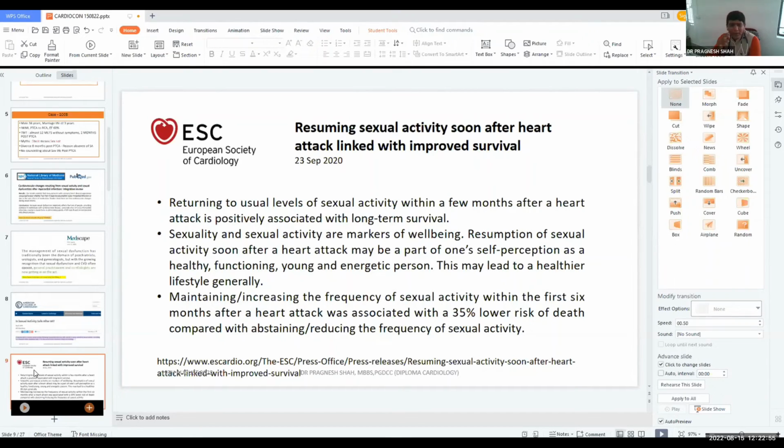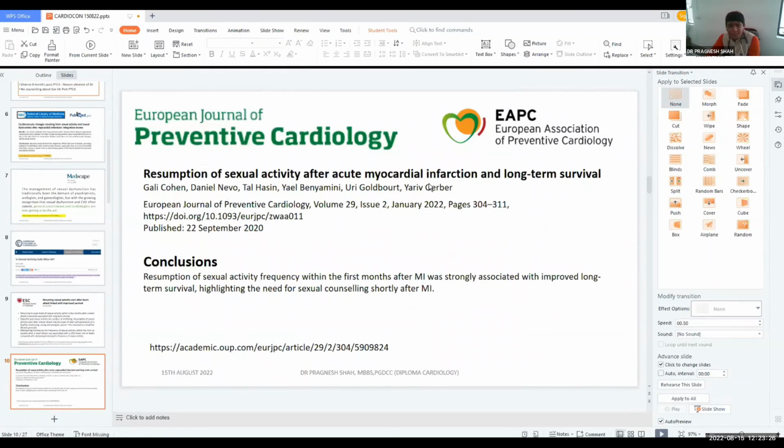Resumption of sexual activities soon after the heart attack may be part of a self-perception as a healthy, functioning, young and energetic person. This may lead to a healthier lifestyle generally. Maintaining or increasing the frequency of sexual activity within the first 6 months after a heart attack was associated with 35% lower risk of death compared with absent or reduced frequency of sexual activity. So we should keep this in mind.